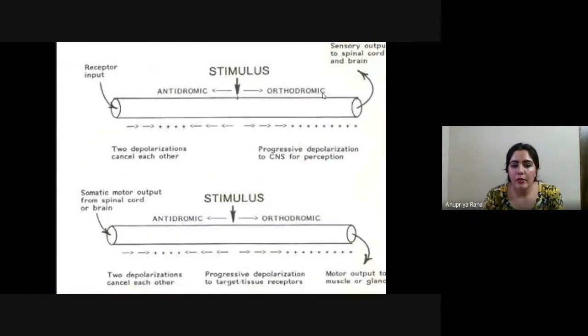And you have to remember the somatic motor output from the spinal cord or brain. This is where the information has to be sent, or you can say it is under the reflex section, and there has to be much elaboration of that particular stimulus. So, motor output or muscle output.